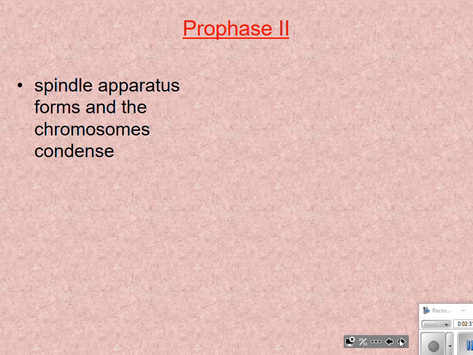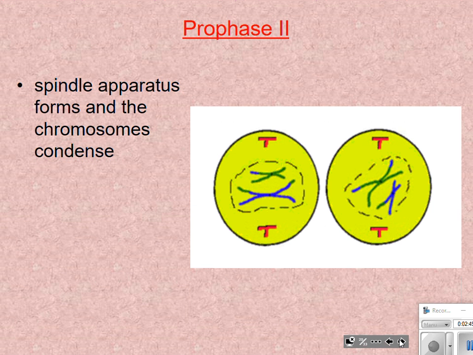In prophase 2, the spindle apparatus forms and the chromosomes condense. Now, one thing to be aware of: look back at your telophase 1.